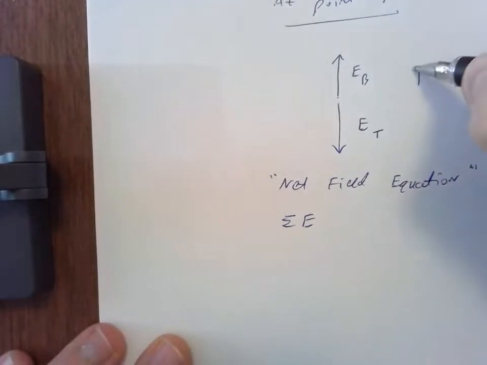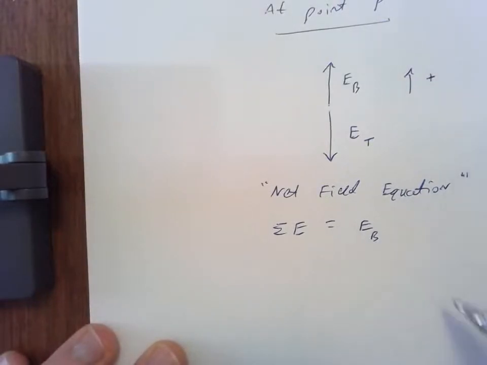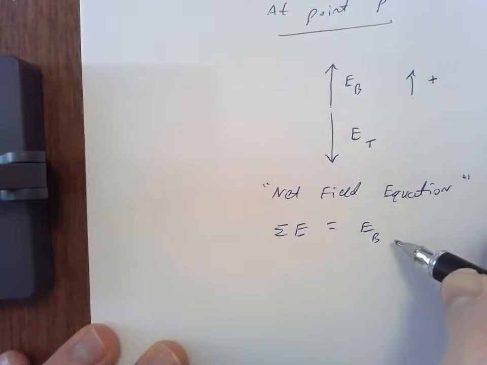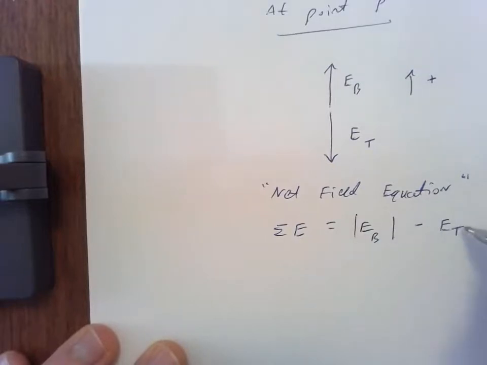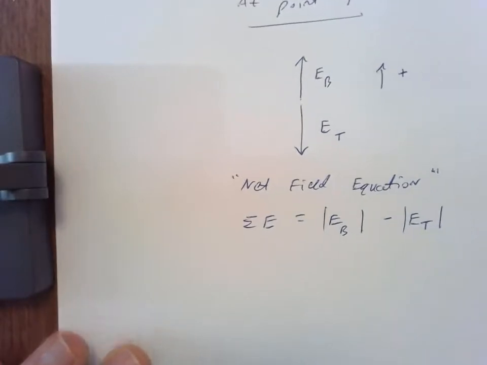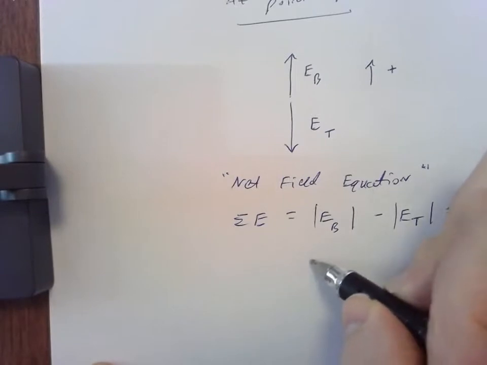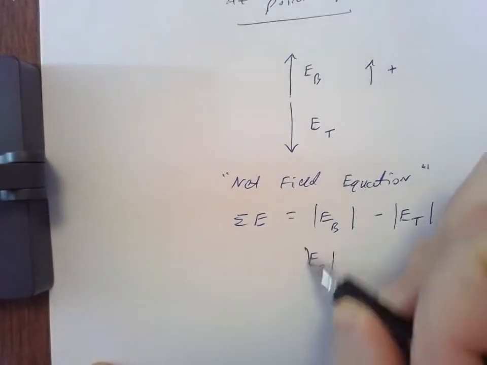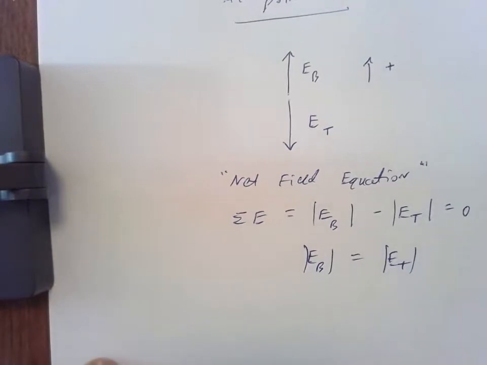I'm going to choose my positive direction to be up. So that would be the electric field of the bottom charge, magnitude, minus the electric field of the top charge, magnitude. And we know that that net field is 0. So that means that the magnitude of E bottom must equal the magnitude of E top.